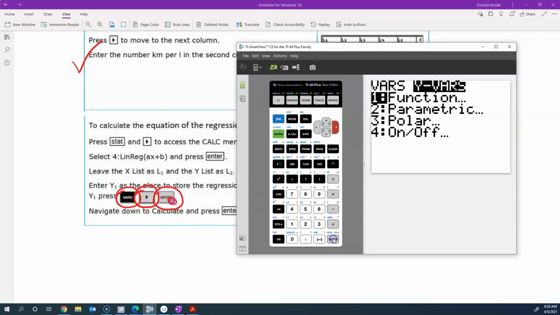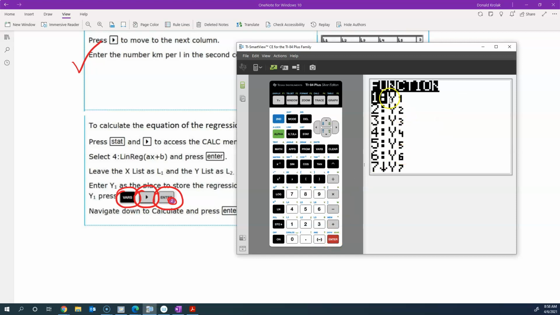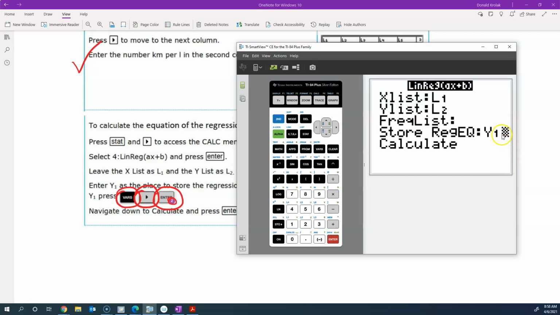I'm going to go enter, and see how it's already highlighted y1, enter, and there it is. So that's how you store it in y1. Then you go down and hit calculate.